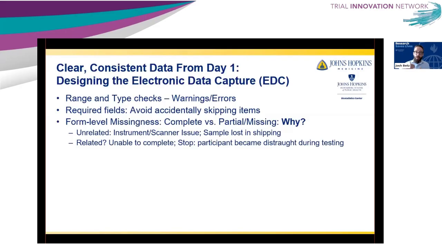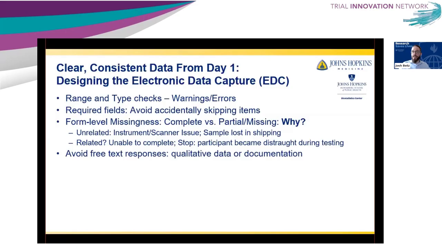But if somebody is unable to perform an exercise task, or somebody becomes distraught during cognitive testing because of their performance and needs to stop, these are things that are actually indicative of the person's underlying status and need to be recorded for relevance.